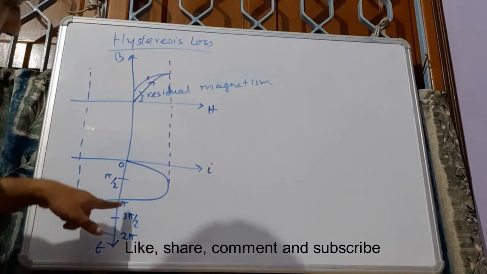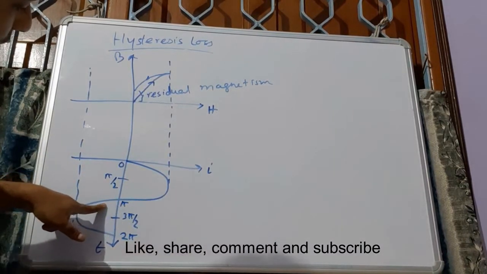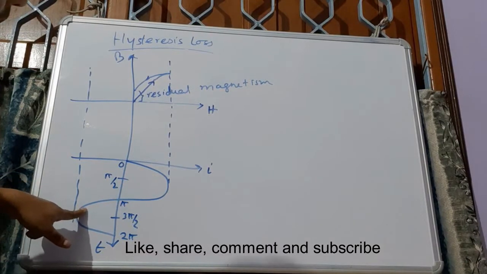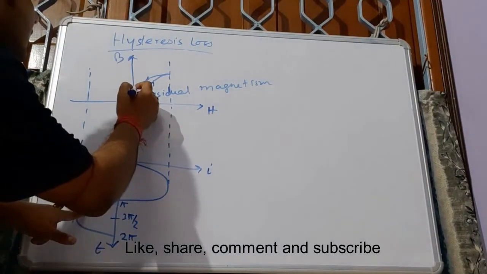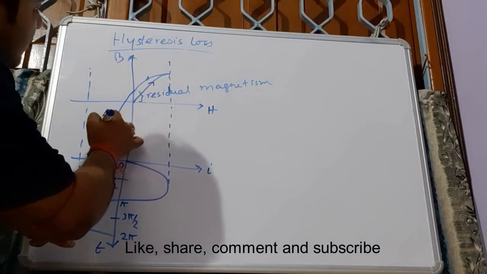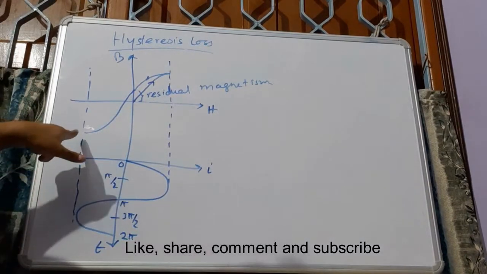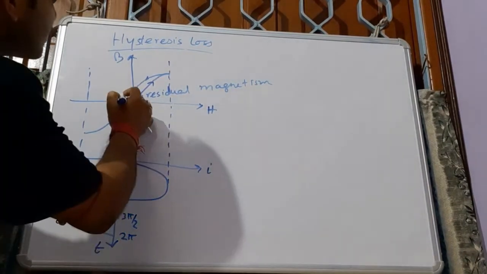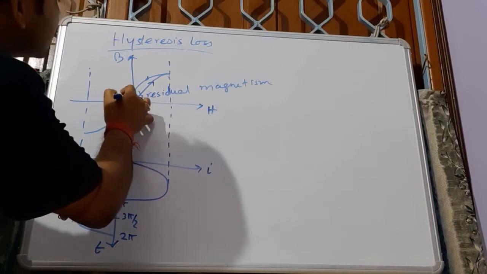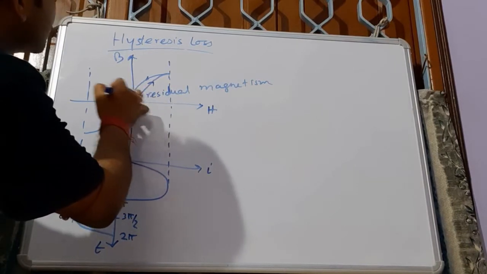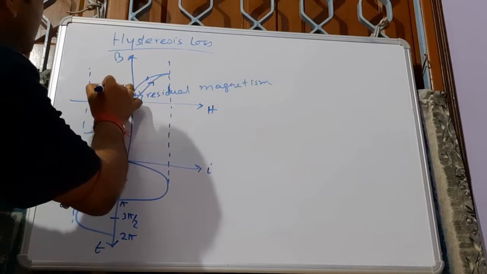Now, if the current further flows in the negative direction, the plot will be like this, and this negative field intensity is called retentivity.